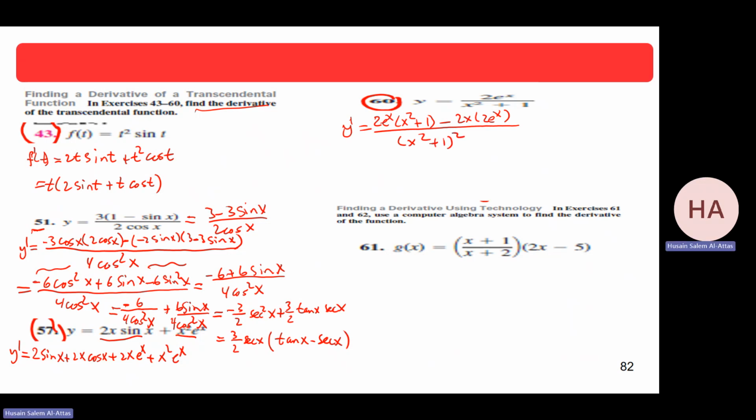And that will give us 2e^x times x squared minus 2x plus 1 over x squared plus 1 squared.